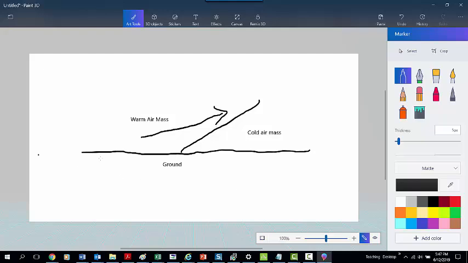Now this little point right down here on the ground, let me circle it in red. This is where the front actually is. So when you look down on a map, that little point is actually a line that's moving.